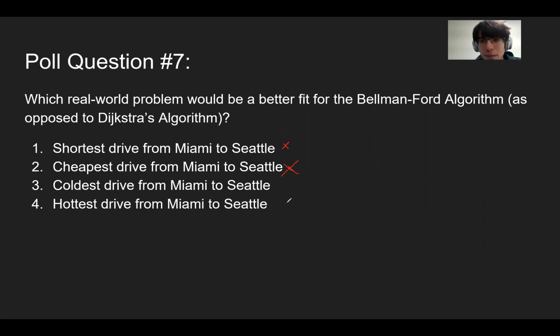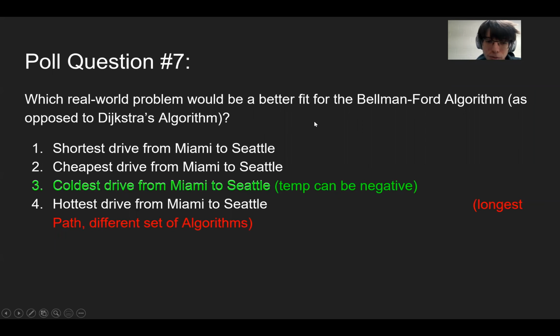And so again, positive numbers, still better off using Dijkstra's. The coldest drive, we might have negative numbers. So for something like this, Bellman-Ford seems like the good approach to use. And hottest drive maybe requires longest, which is a different set of problems altogether.